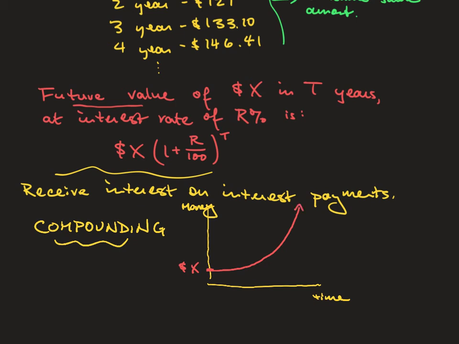Do you see that curve? In the beginning, it grows slowly, but then the growth rate gets faster and faster. This is what compounding interest looks like. It is a type of exponential growth. Exponential growth due to compounding interest.